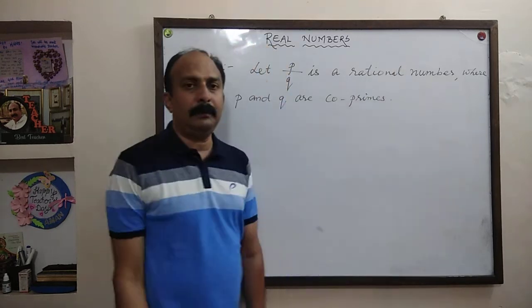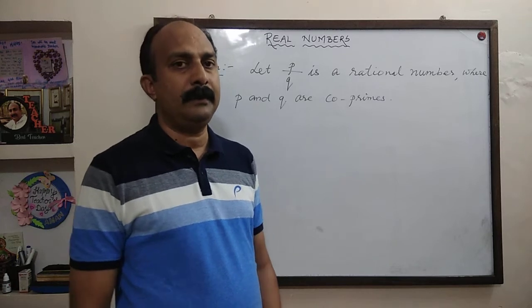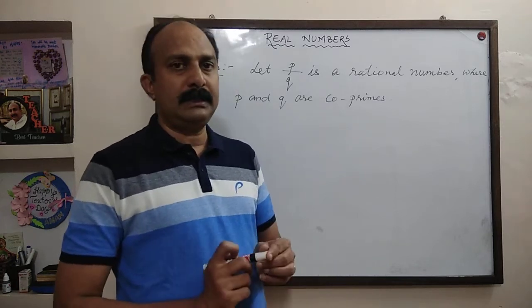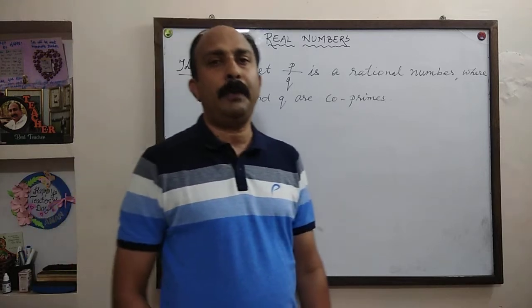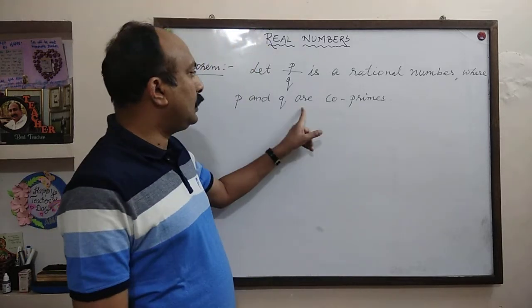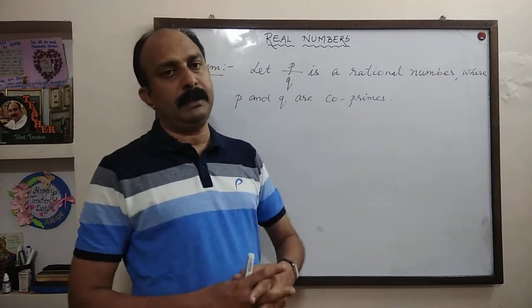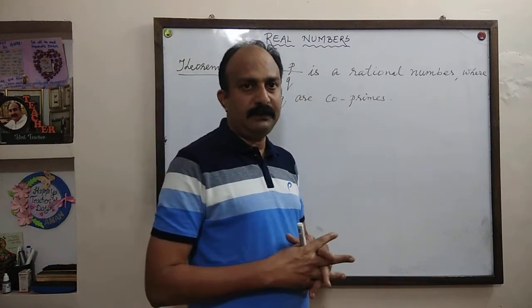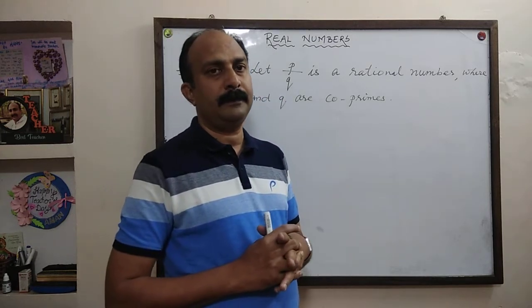I hope all of you remember what is coprimes. Again, class 9. What is coprime? If two numbers have no common factor between them, they are called coprimes. P and Q are coprime if they have no common factor between them. Or in simple words, we used to say the simplest form of a rational number.